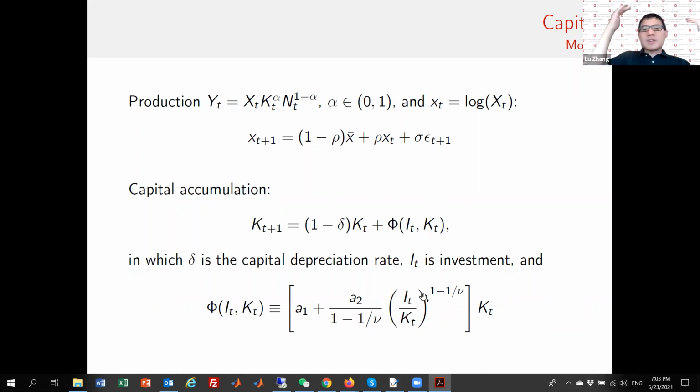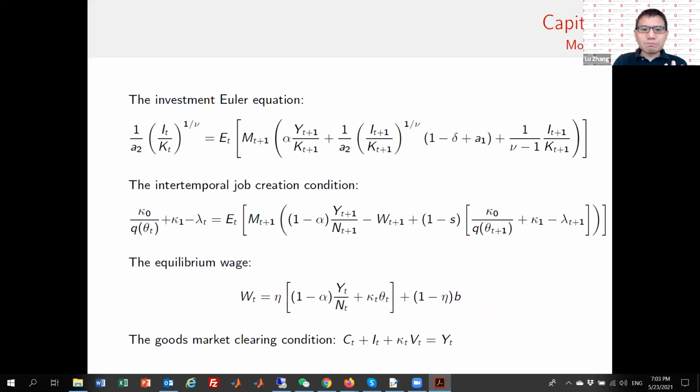As a result, if you use this installation function, aggregate investment in the model is never 0 or negative. And this is as in the data, so you don't have to impose any irreversibility constraint manually. So this makes the model simpler and perhaps more elegant. So the intertemporal investment Euler equation is fairly standard.